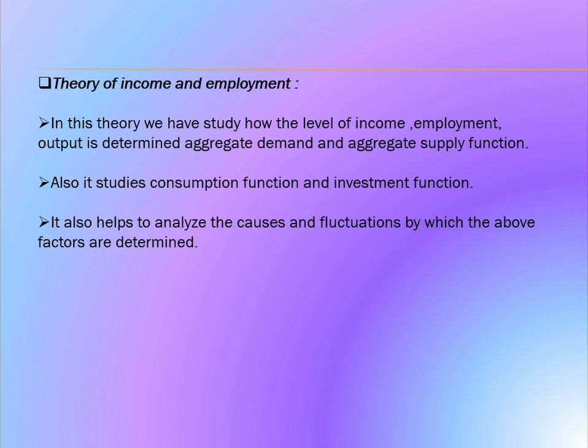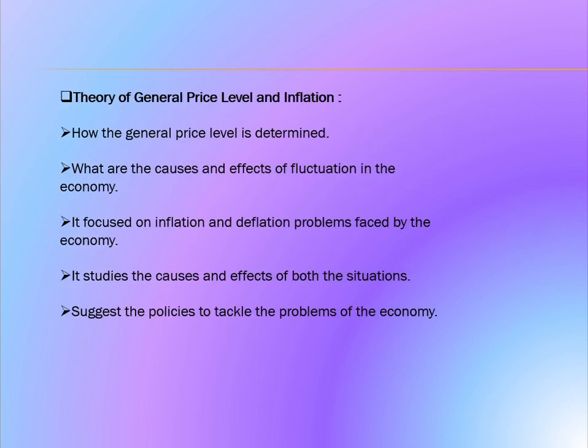Some people have lost their jobs, employment cannot be generated. So we can say that here all these factors, aggregate demand and supply factors, will determine the level of income, employment, output, etc. Let us begin with the next theory, that is theory of general price level and inflation.